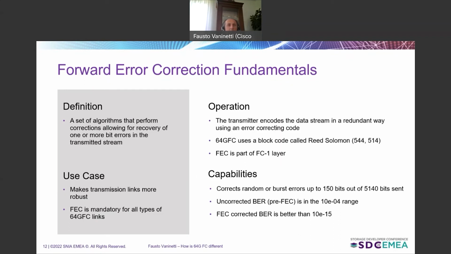This means that you can receive a signal with a 10 to the minus 4 bit error rate before applying the forward error correction decoder. When you apply decoding, the bit error rate will go down to below 10 to the minus 15.